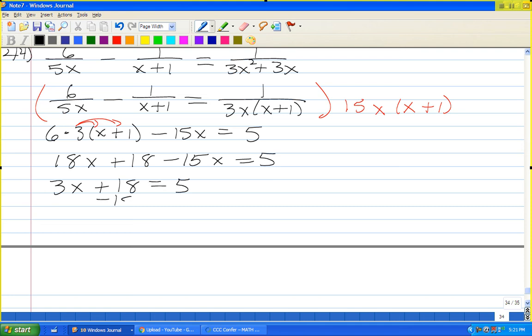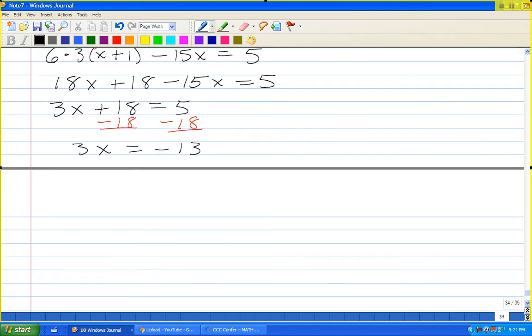Subtract 18 from both sides of my equation. And so 3x is equal to negative 13. Divide both sides of your equation by 3.